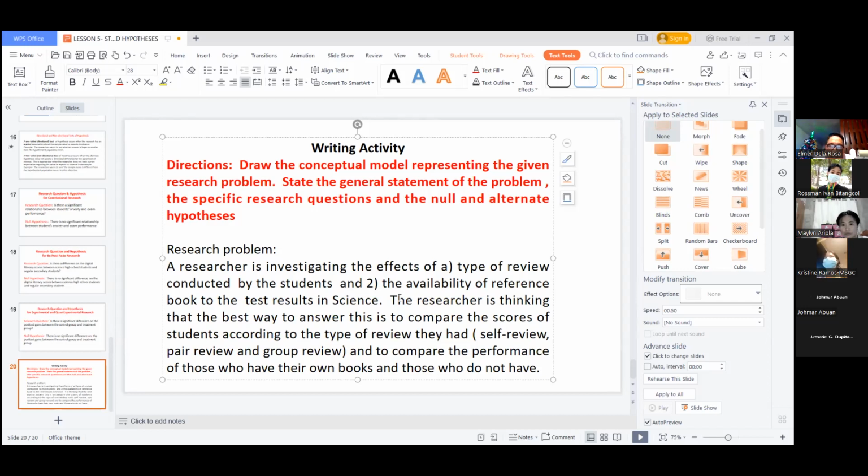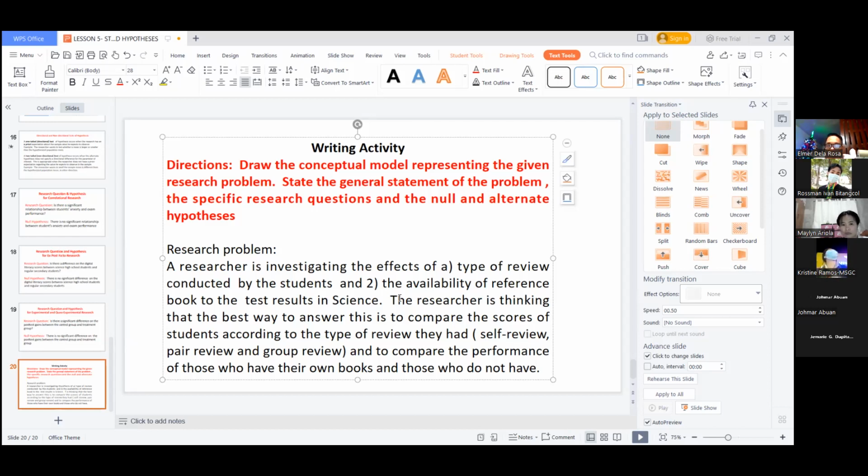Alin daw doon ang mas mataas ang science score? At pangalawa, gusto rin niyang malaman kung may possible effect yung availability of reference book. Gusto rin niyang i-compare yung performance ng mga may sariling libro at saka yung walang libro na sarili.